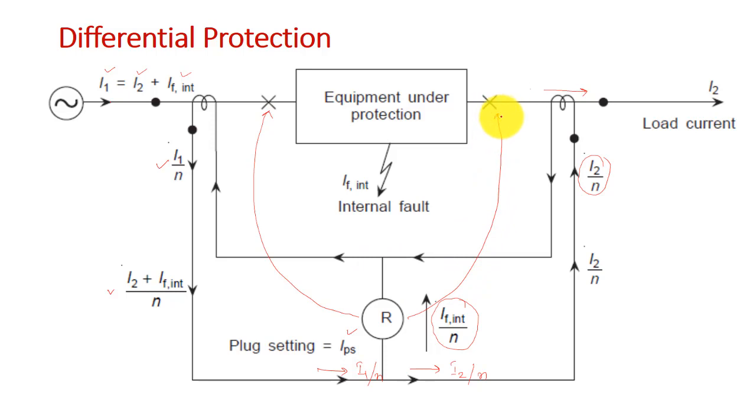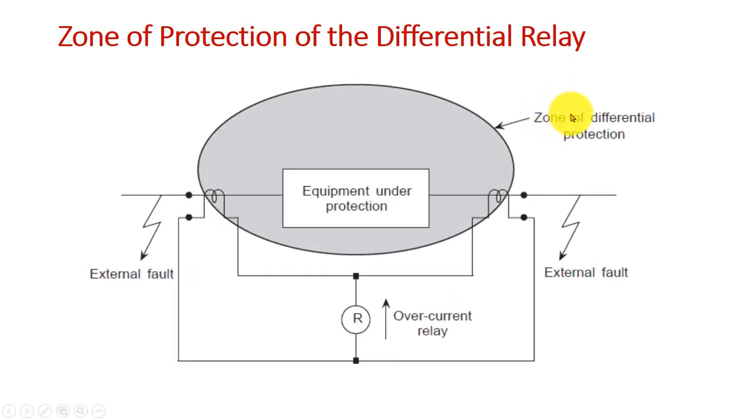It responds to the internal fault when it happens, not to the external fault and the load current. Let us see the zone of protection of the differential relay. Here we can determine the zone within which, when a fault happens, the differential relay will operate.